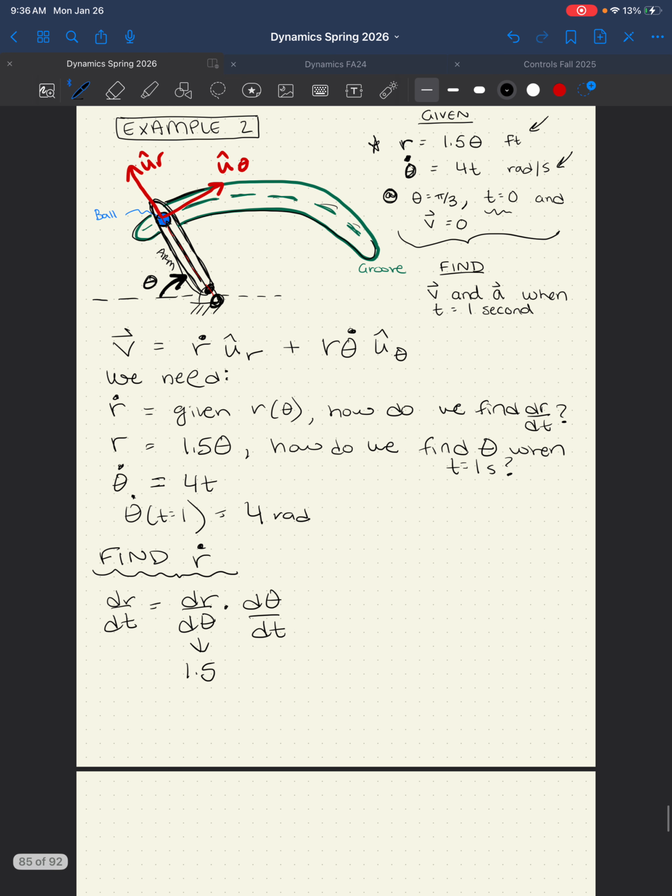And d theta dt is 4t. And we really care about what happens when t is 1 second. So r dot at t equals 1 second, we'll just plug in 1 second for time here, and we should end up with 6 feet per second.